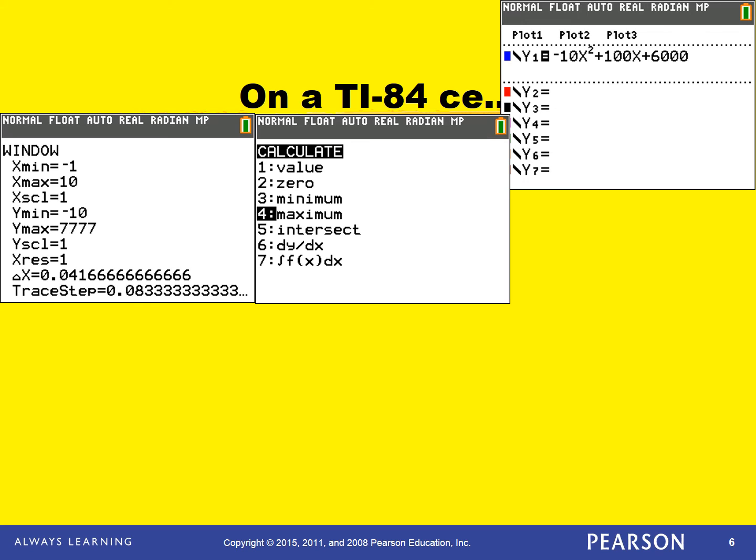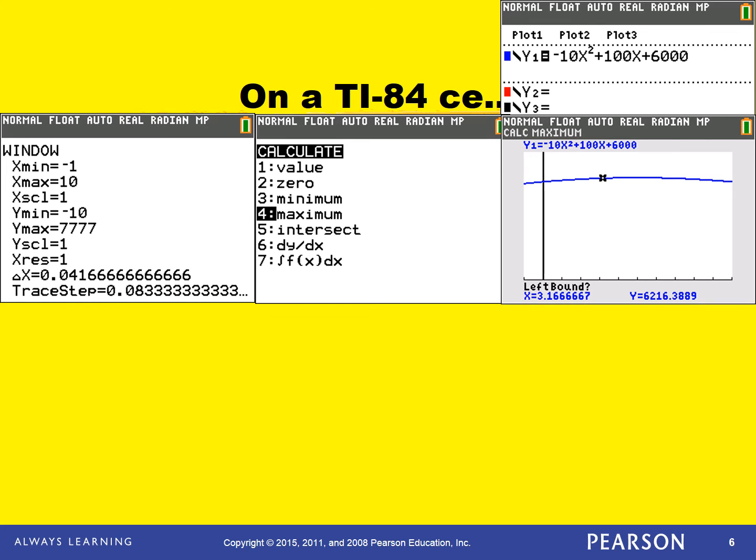Again, we talked about how it has a max, not a min, because the lead coefficient is negative. And the max feature works like this. You have to set a left bound on where you believe the max is. Now we see this, we think the max is going to be right in there.